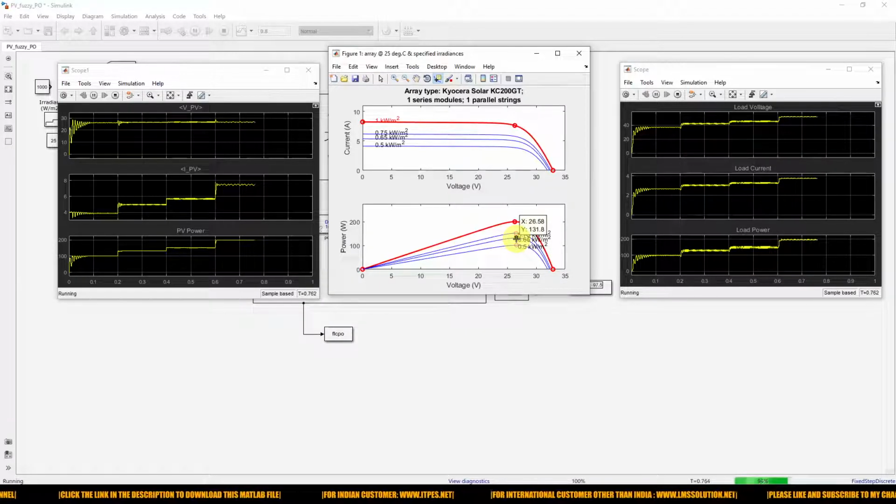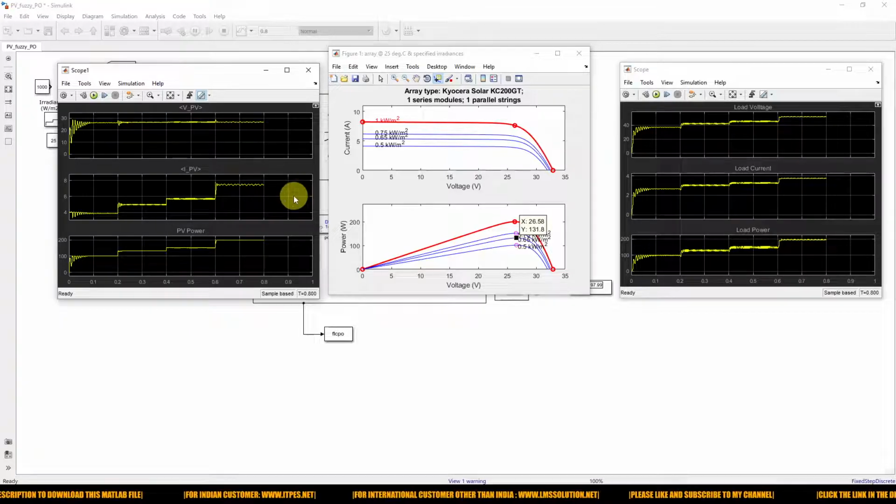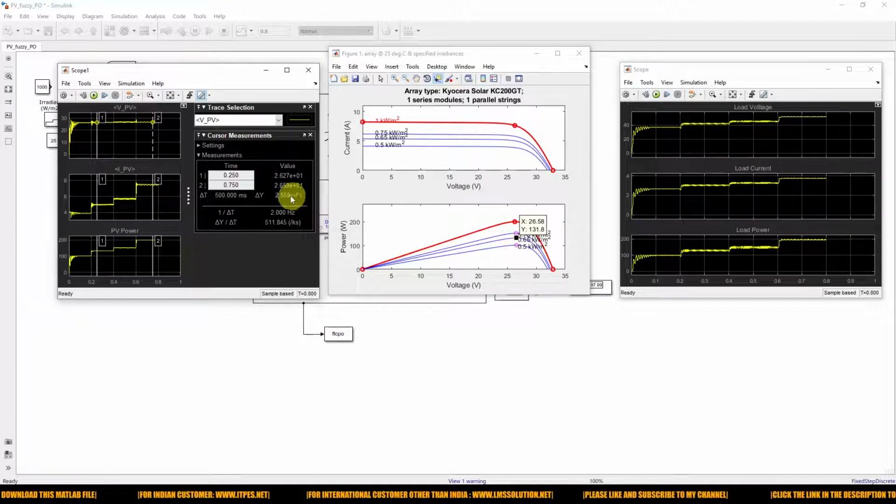For 650 watts per meter square, the peak power is 131.8. Here we can check the results. I'm going to check the power. Here you can see it is around 131.7.